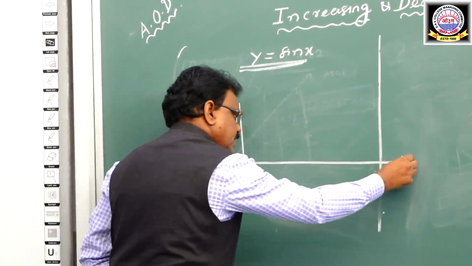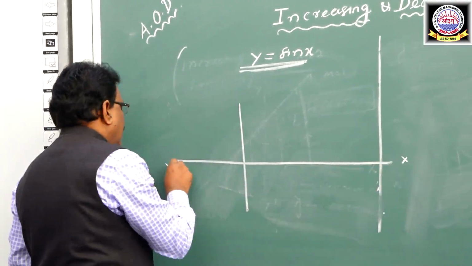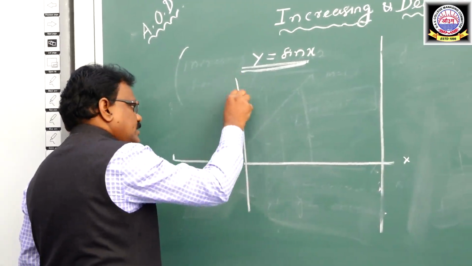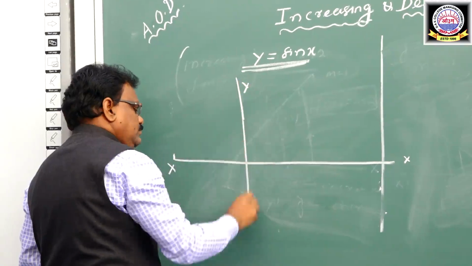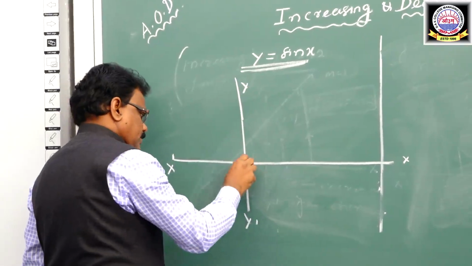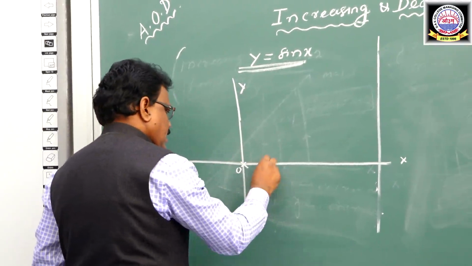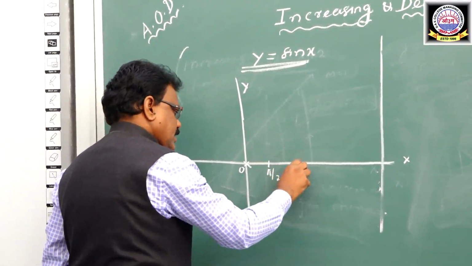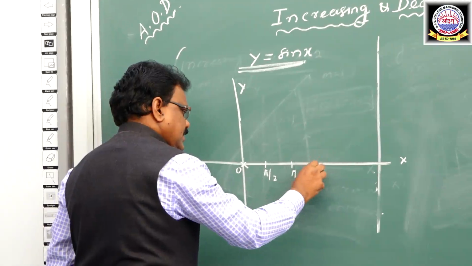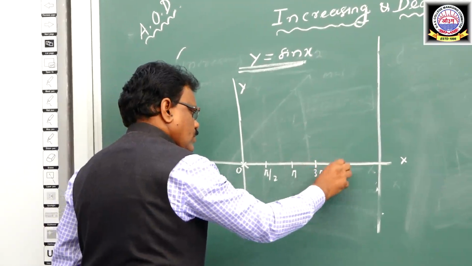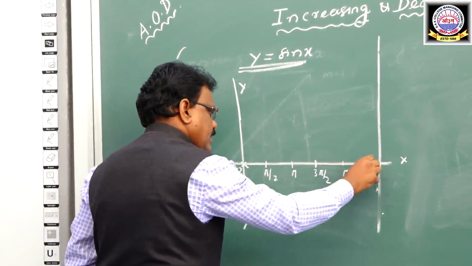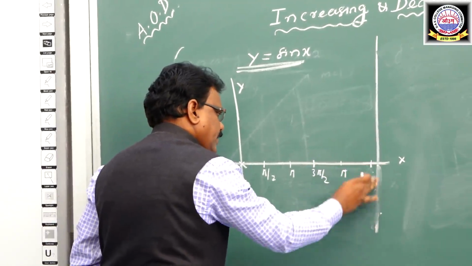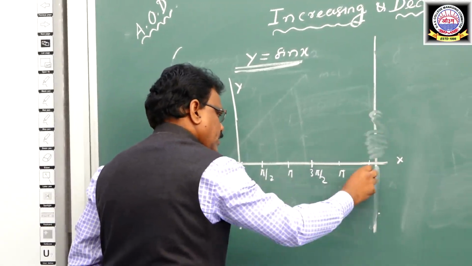This is the x axis and this is the y axis. This is the origin. I am taking pi by 2, pi, 3 pi by 2, then 2 pi, let it be 5 pi by 2, and it will continue like this.